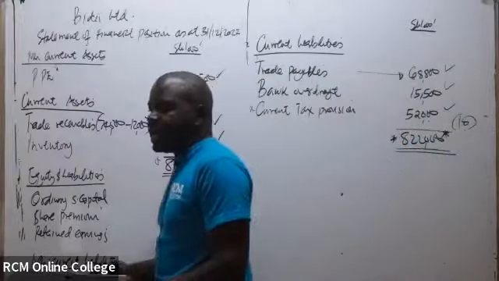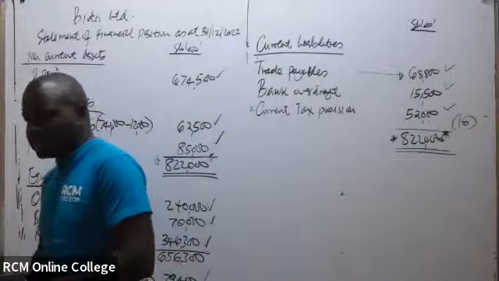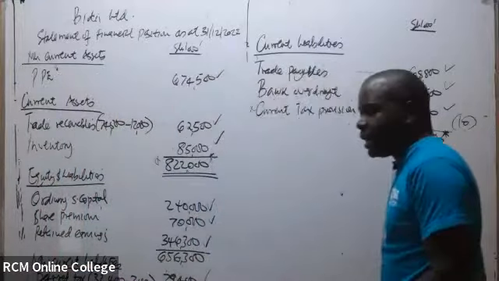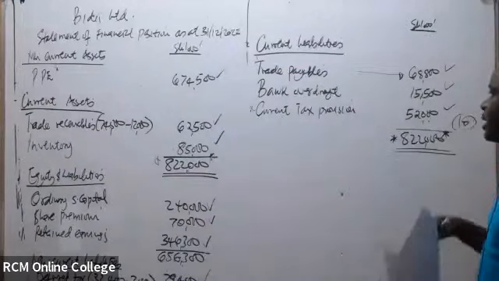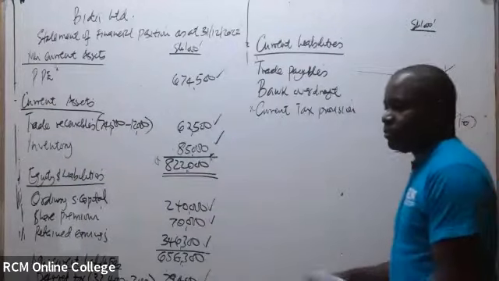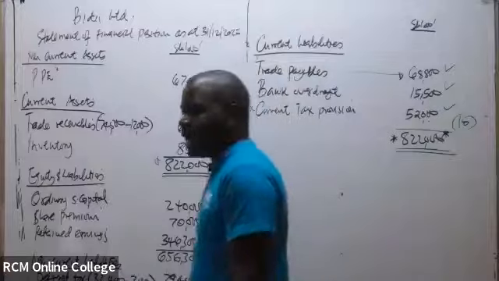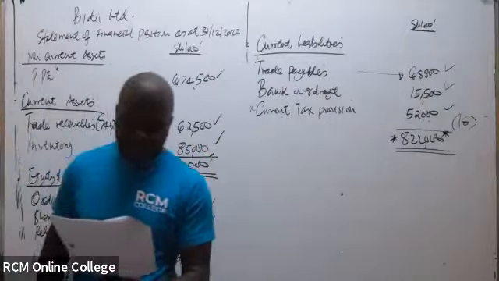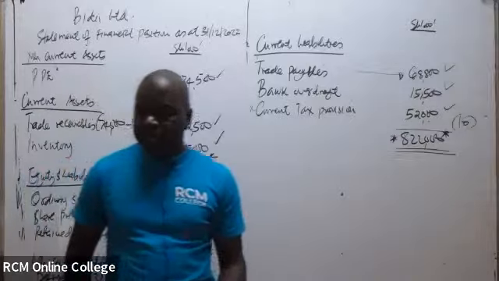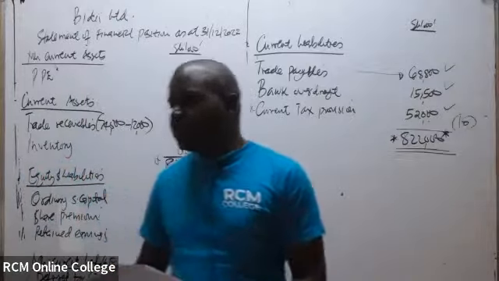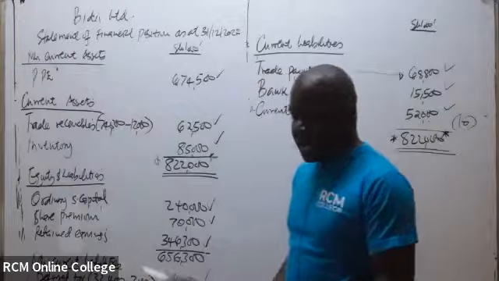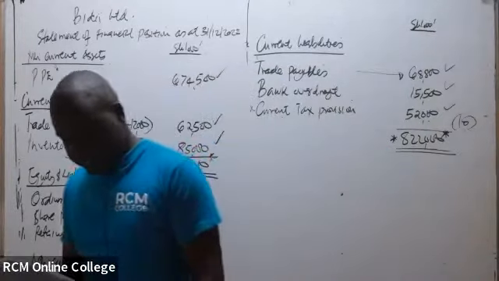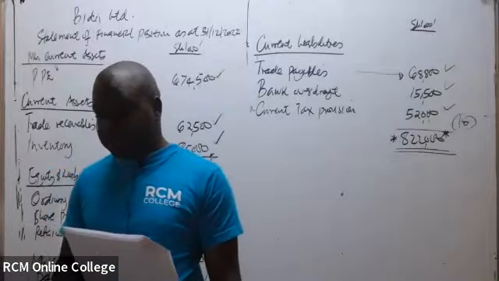Sawa. I can see Alex Kirimi is asking how do we treat the current tax balance in the trial balance? So what did we say we treat it as? Who can remind us? How did we say we treat it? It is a tax expense.